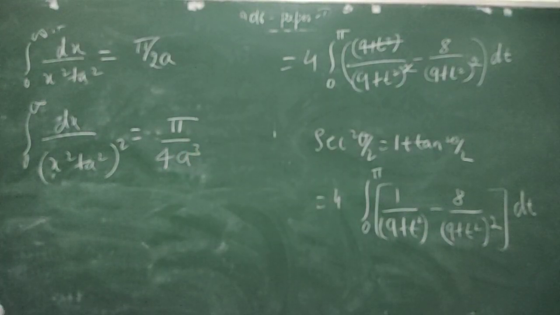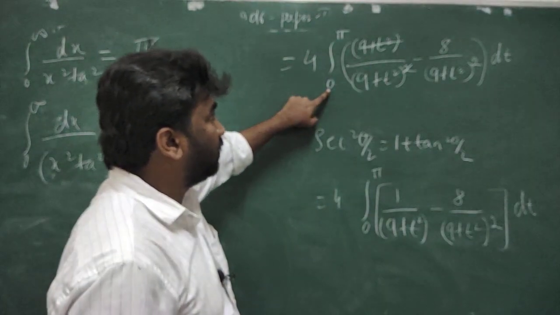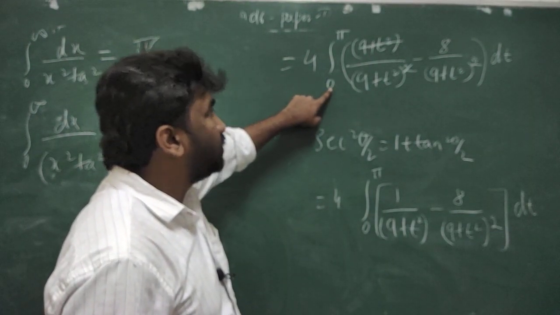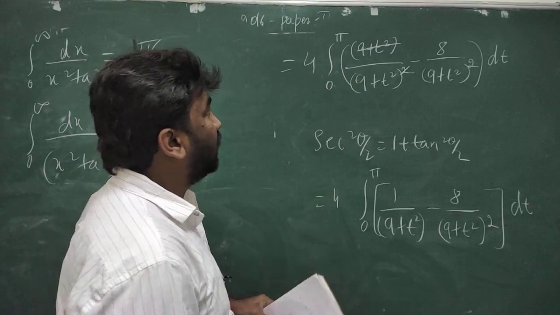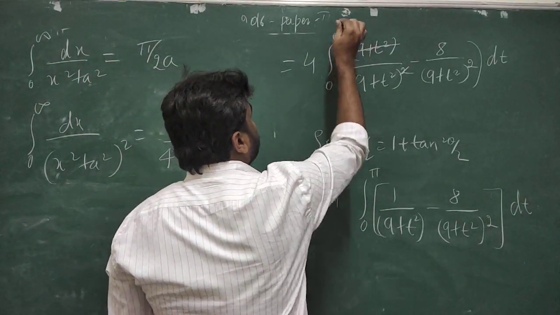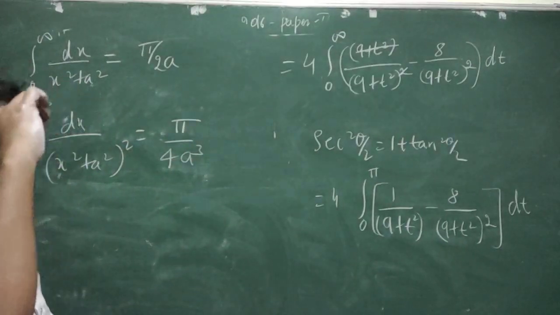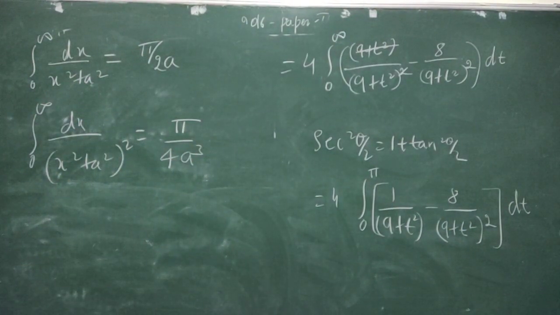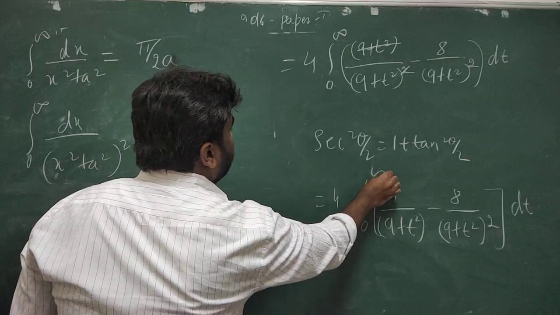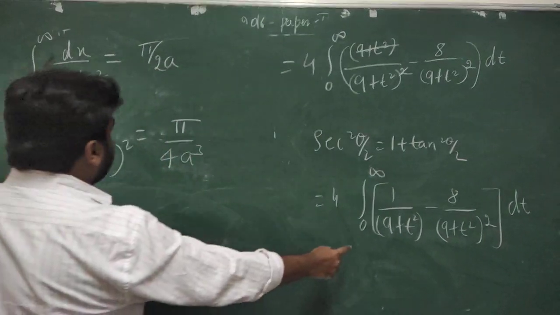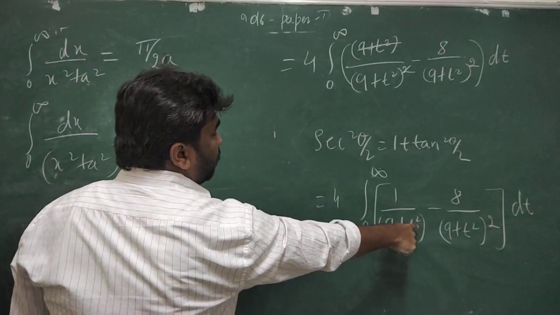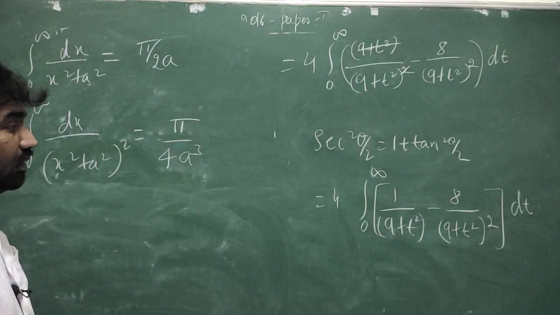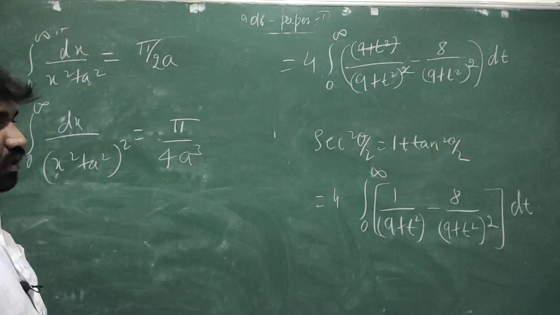And here the limits also change, because when theta is equal to 0, tan is 0, and when theta is equal to pi, tan theta is infinity. Sorry, we are converting that as a tan theta, right? So then it is infinity. So it is just like 1 by x square plus a square, where a square means 3 square and x square means t square into dt.